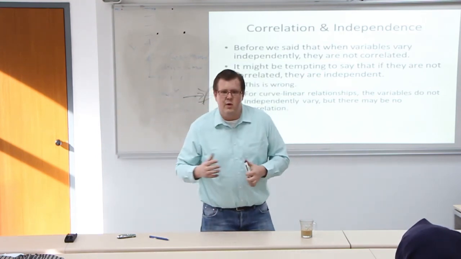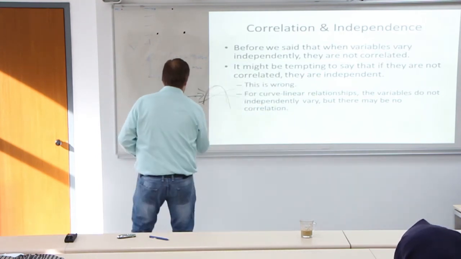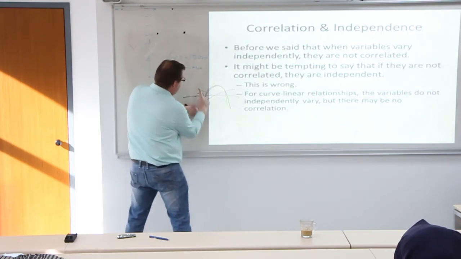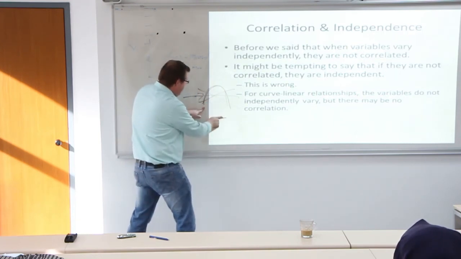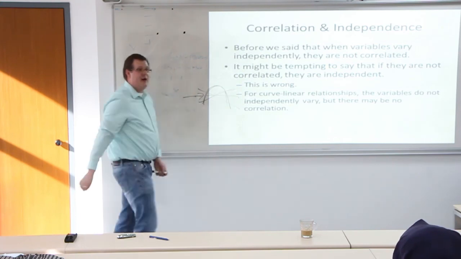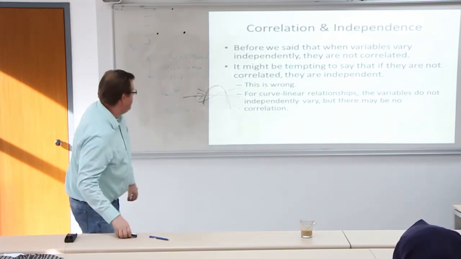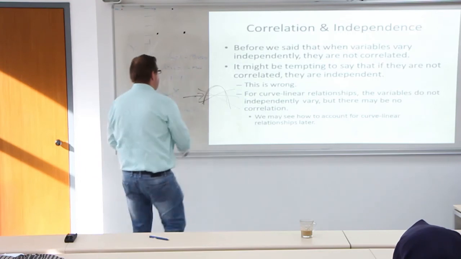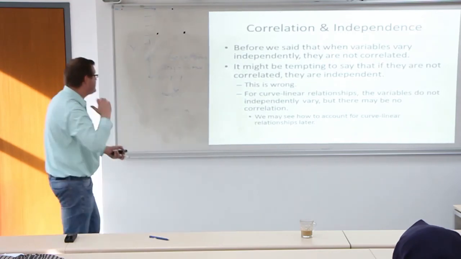So when we go up in one here, we're going up in the other. Oh, but over here we're going up in one, and we're going down in the other. Right? Okay. We may see how to account for these types of relationships later.